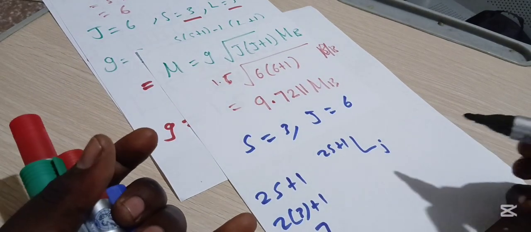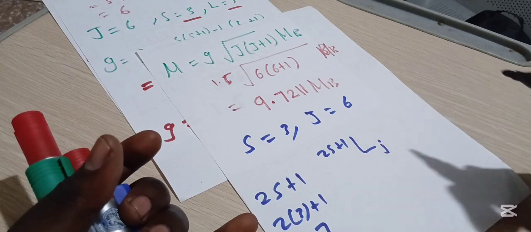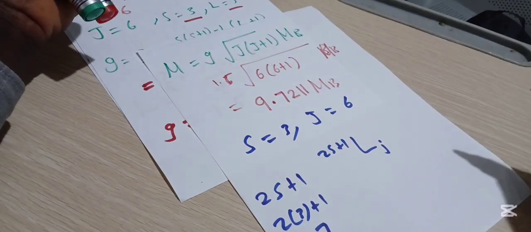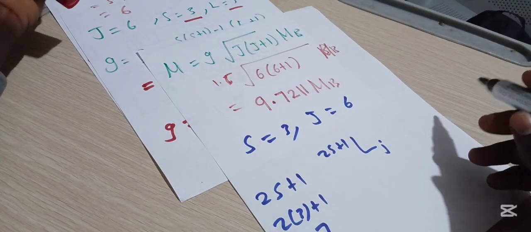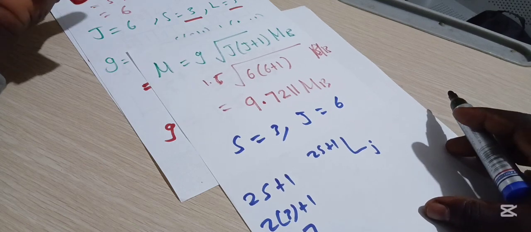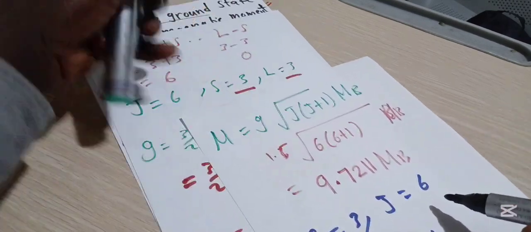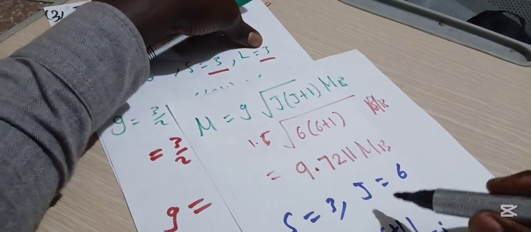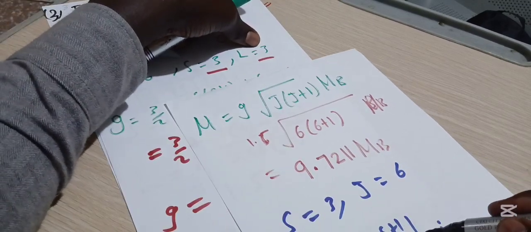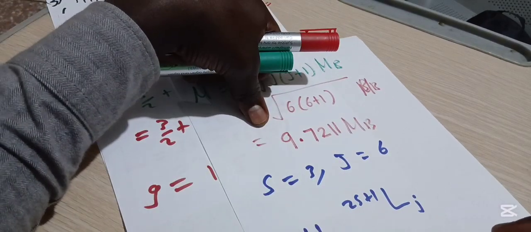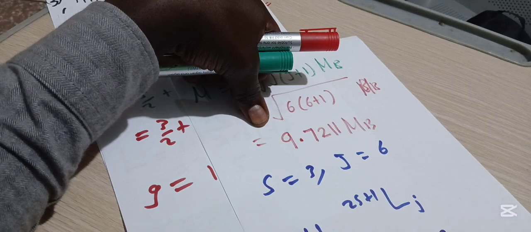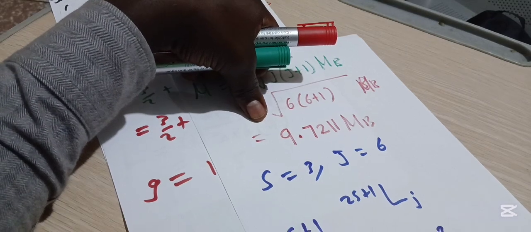So what is our J? Our J is 6. So how do we know our label? Our label always will come from the value of the calculated L. We calculated our L here to be 3.